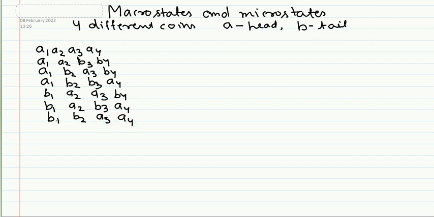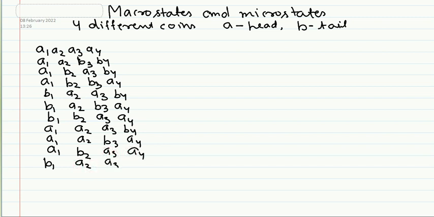Yes. Then let us write for the 3 heads. 3 heads means A1, A2, A3 and B4, and then here it is B3, here it is B2 and then B1. So now it will be A1, A2 and then A4, and here it is A1, B2, A3 and A4, and here it is B1, A2, A3 and A4.